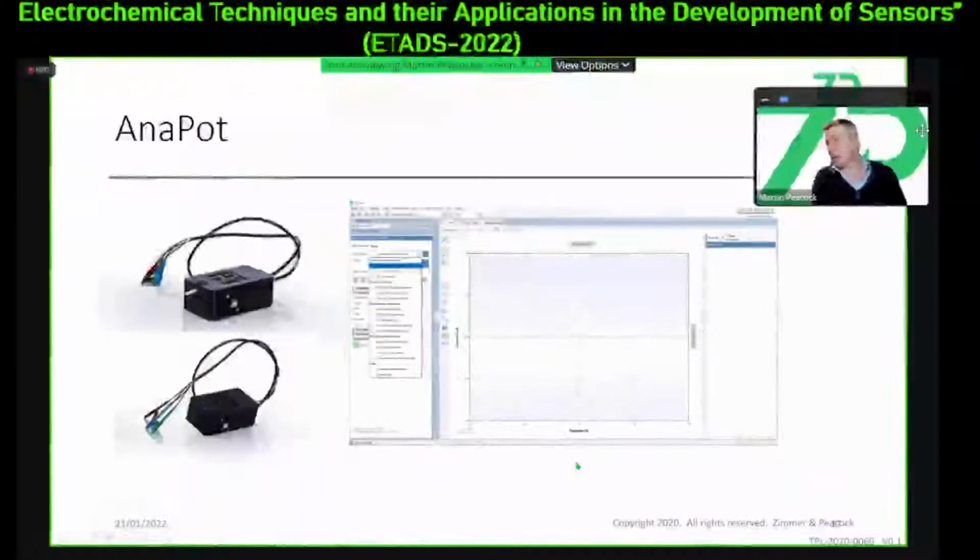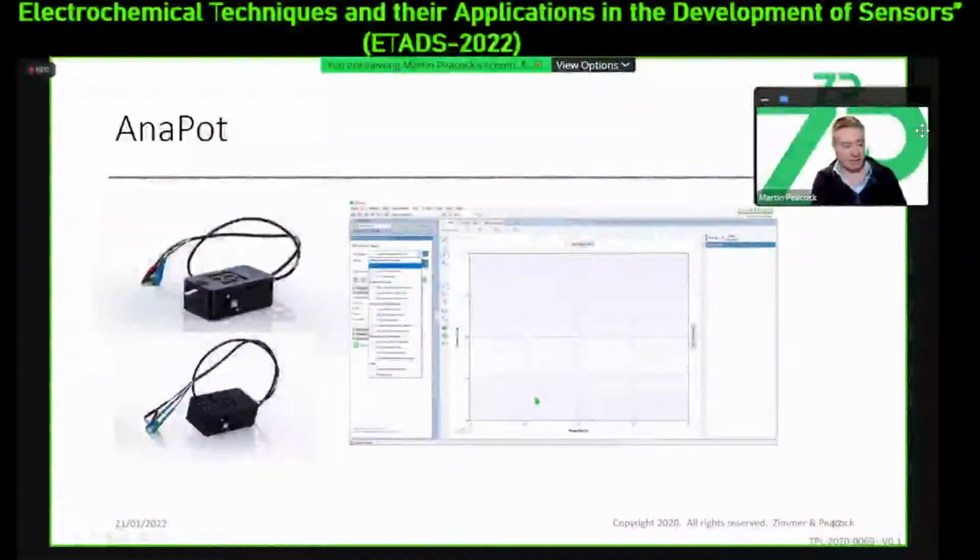Now we also have a set of electronics that will sit in the palm of your hand. They're quite small. We have the software, and we can do linear sweep voltammetry, differential pulse voltammetry, square wave voltammetry, chronopotentiometry, amperometry. So we have all the cyclic voltammetry techniques you would normally expect.